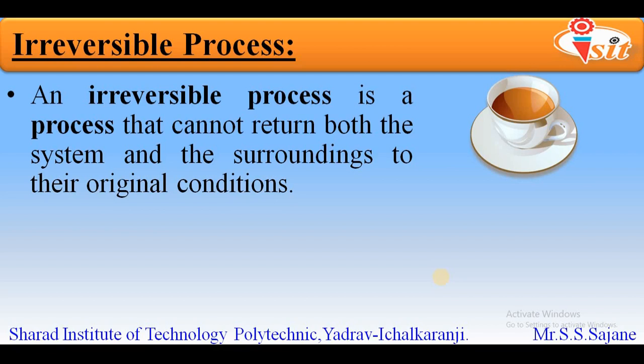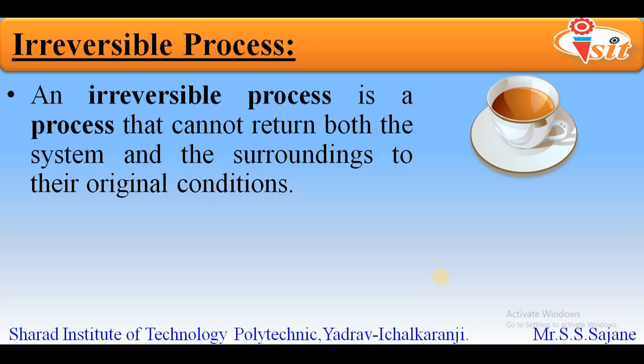If we assume that our first system, that is the system at state 1, is all these ingredients which are separate, now we will mix up all these ingredients and provide some heat, so that the system will change from state 1 to state 2. Our state 2 is the tea which is ready for drink.